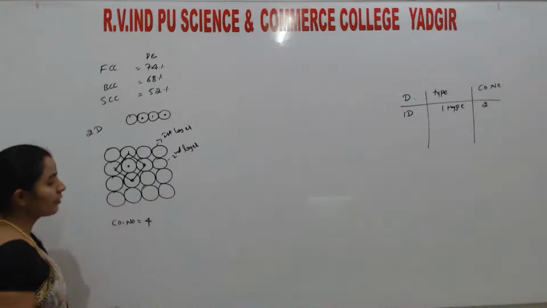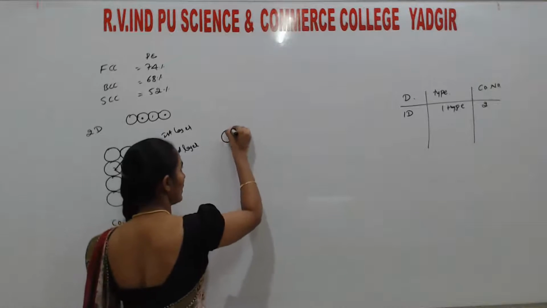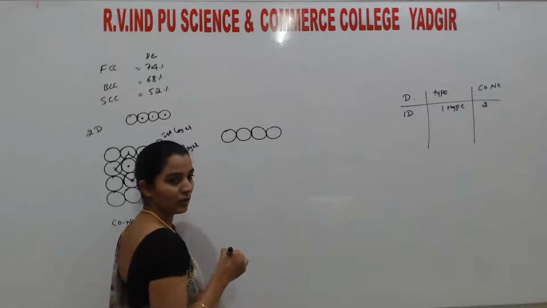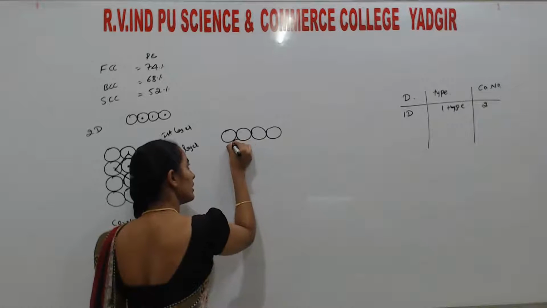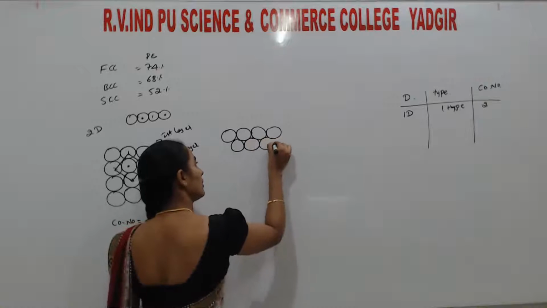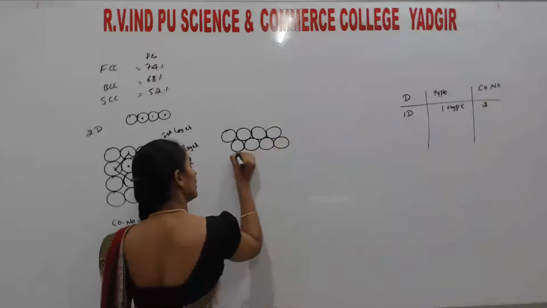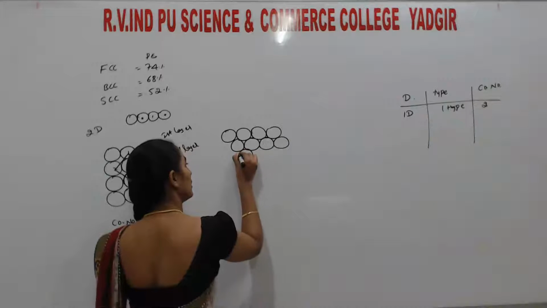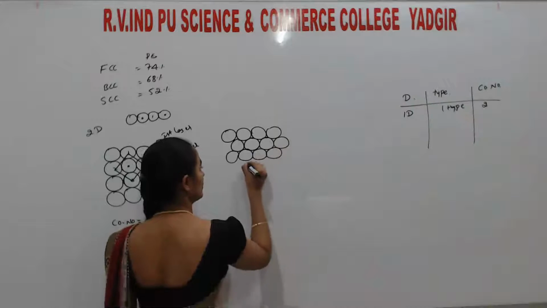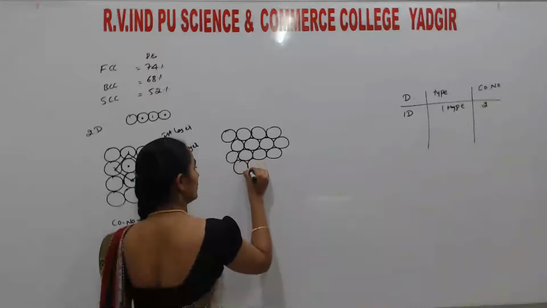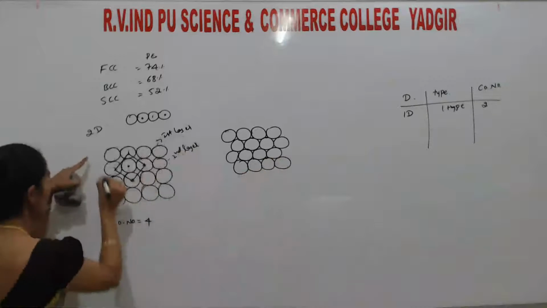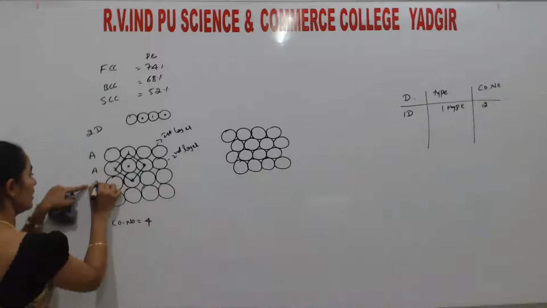So another way of arrangement is there. This is one layer, or one dimension layer. The second layer is like this. Listen, this arrangement is like A and A here.